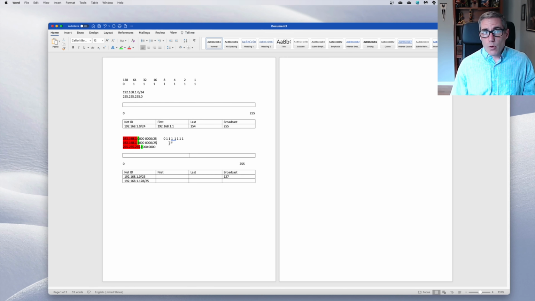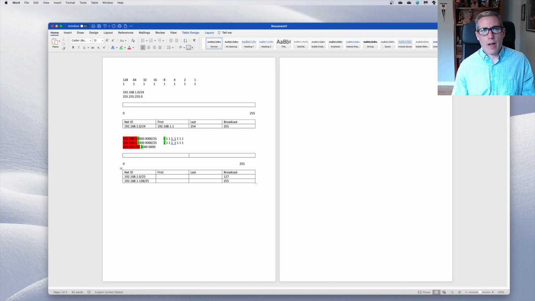Now on the next network, we're doing the same exact thing, except this green bit is a 1 on this network. So we now go here, 1, 1, 1, 1, 1, 1. I think I had an extra space there to make it look a little better. And in this case, this is all 1s here. That's 255.